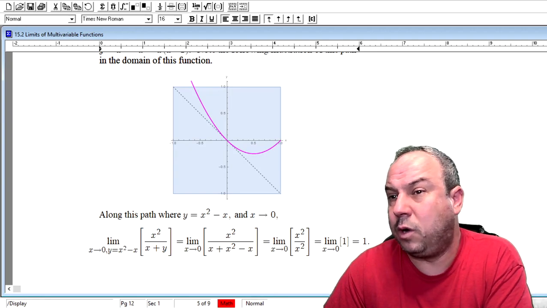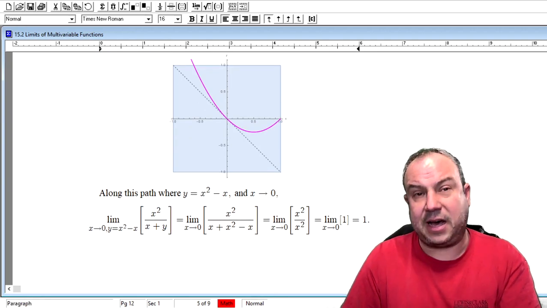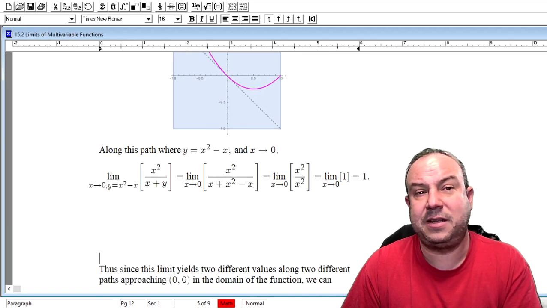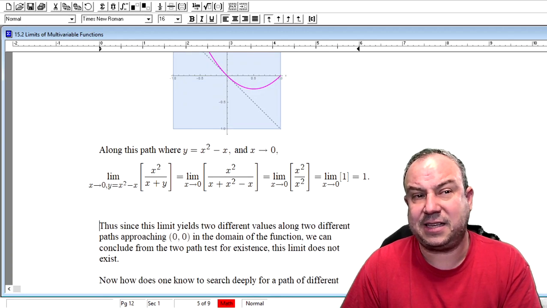We see the value of 1. Thus, by the two-path test for non-existence, this limit does not exist.